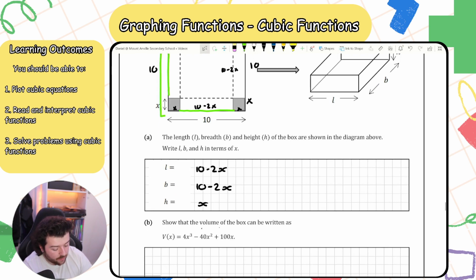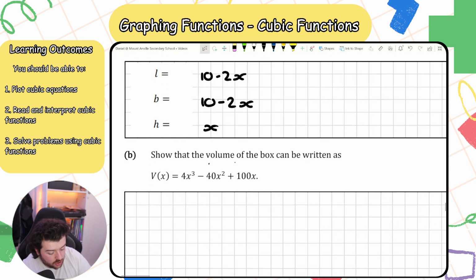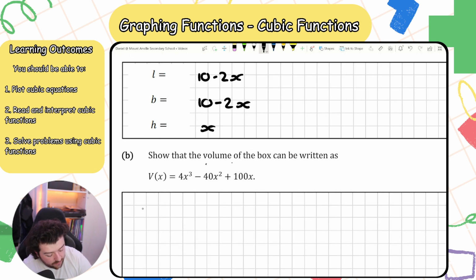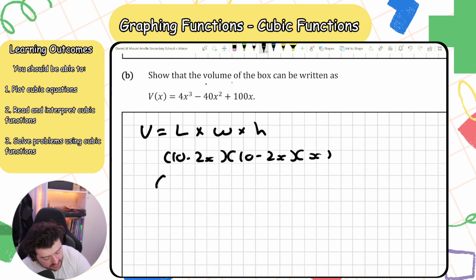Show that the volume of the box can be written as 4x cubed minus 40x squared plus 100x. So we need volume. Volume is equal to length by width by height. So 10 minus 2x, 10 minus 2x, times x. Multiply these brackets out. I'm going to get 10 times 10 is 100, minus 20x minus 20x plus 4x squared, all times x.